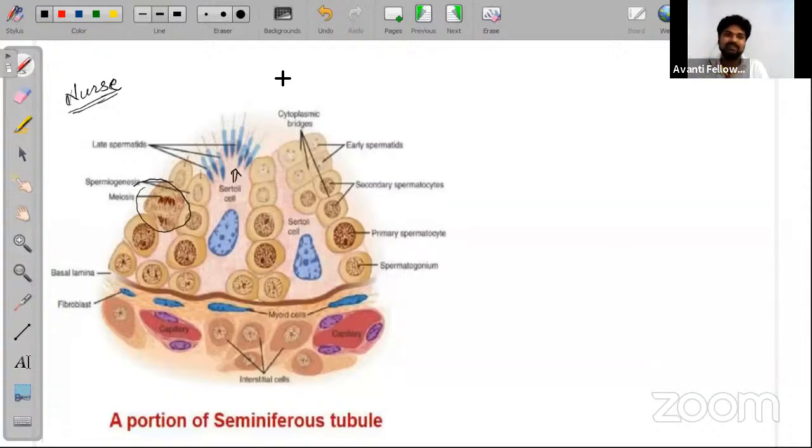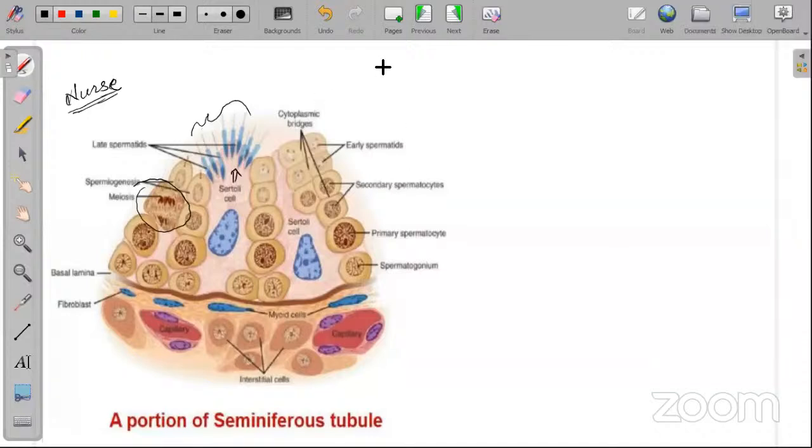The development of the late spermatid happens in the Sertoli cell. That's why it is known as a nurse cell. This is a nursery-like thing where a lot of sperm cells get anchored to the Sertoli cell. It is a simple, common thing, not technical.